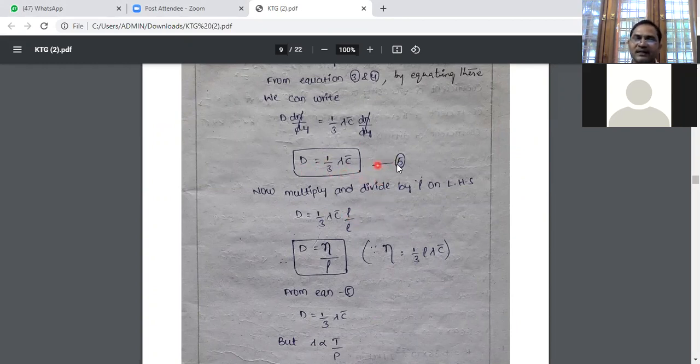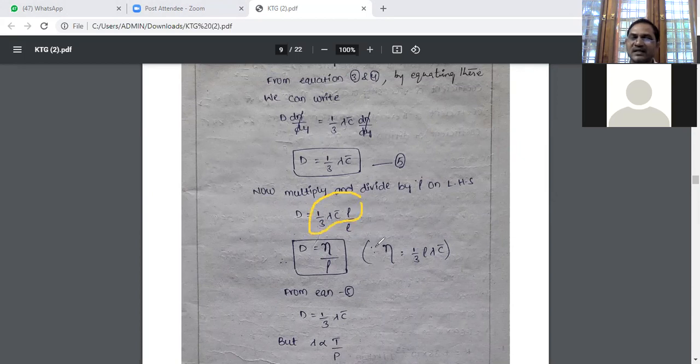Multiplying equation 5 with the density term rho in the numerator and denominator, we have 1/3 lambda C bar rho by rho. What does 1/3 lambda C bar rho represent? This is the coefficient of viscosity, right?